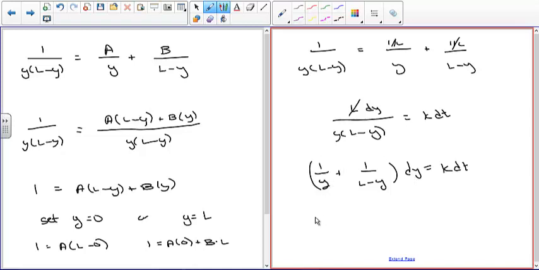Now at this point, you can integrate. So we'd integrate each term.